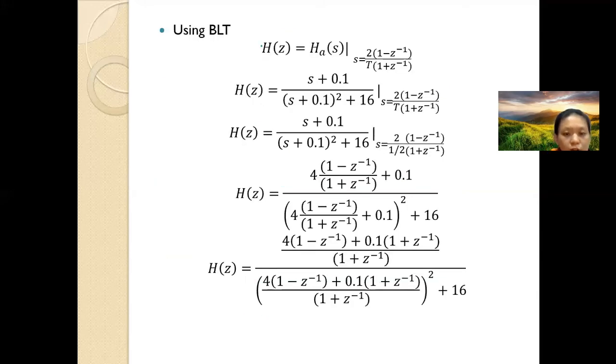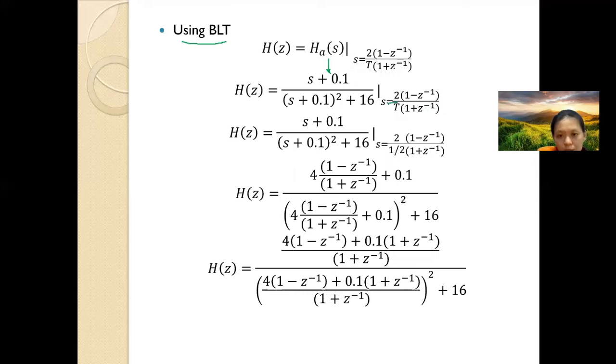To find our H(z) by using the bilinear transformation. So H(z) is equal to H(s), and our s is equal to 2 divided by T multiplied by (1 minus z^-1) divided by (1 plus z^-1). In this case, for H(s), we just put in our equation (s plus 0.1) divided by ((s plus 0.1) square plus 16), and also our s.